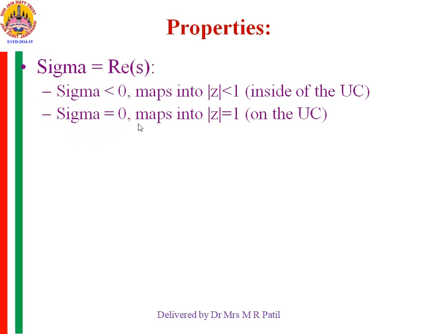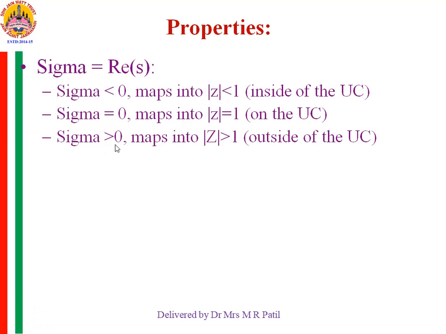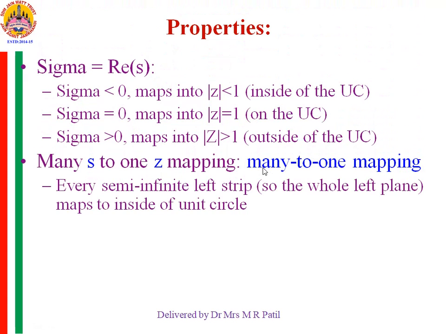For sigma equal to 0, z will become equal to 1 and all the points will lie on the circle. If sigma is greater than 0, then the magnitude of z will be greater than 1 and it will map outside the unit circle.